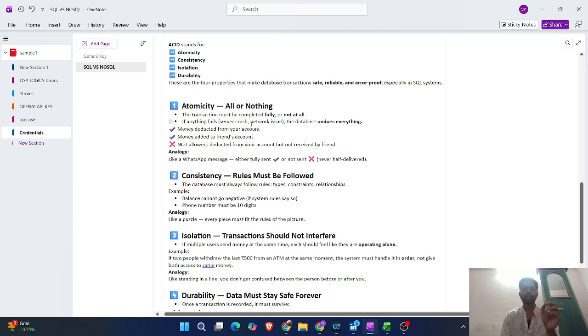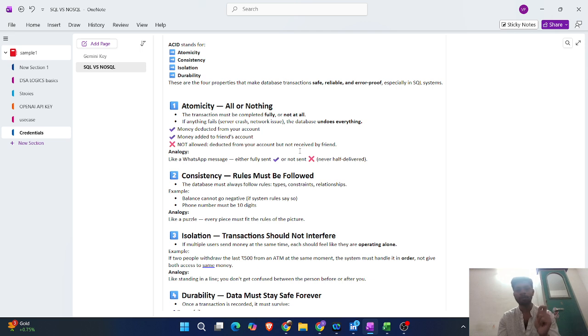Atomicity means all or nothing. Either it will do the complete transaction, or it won't do anything. It won't do any partial or in-between things. That's the meaning of atomicity. As we discussed earlier, we use SQL in banking applications. It's very important, right? You can't send some partial amount.